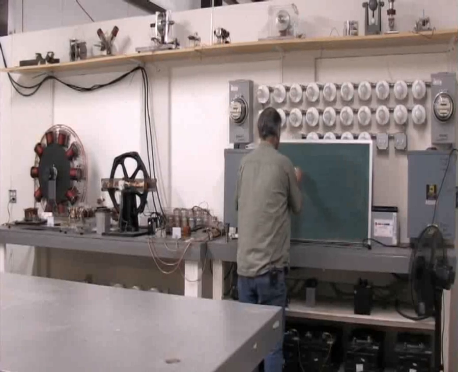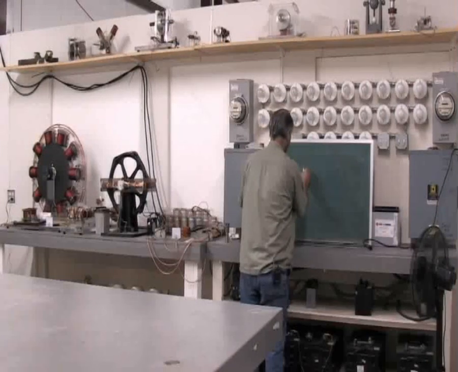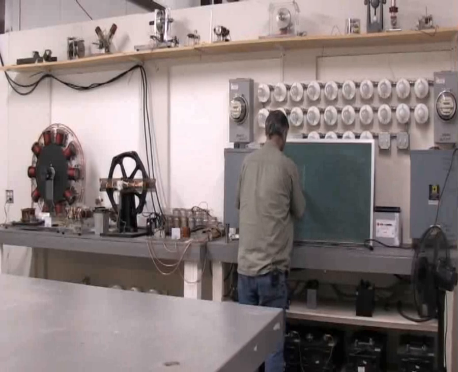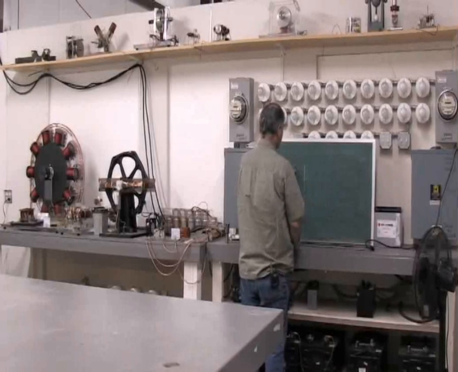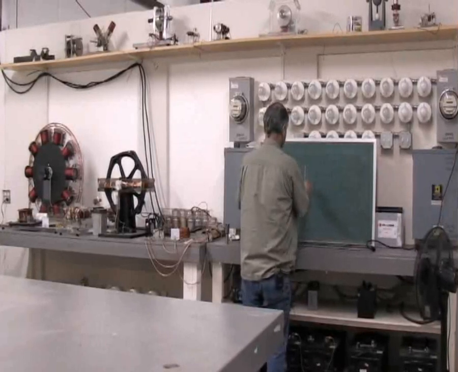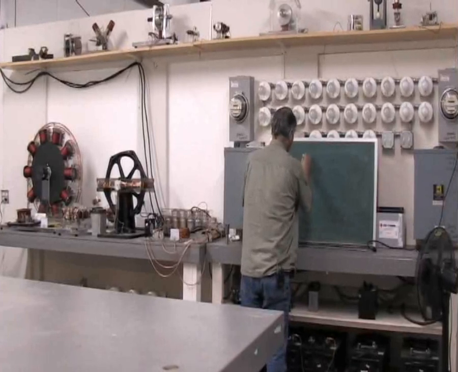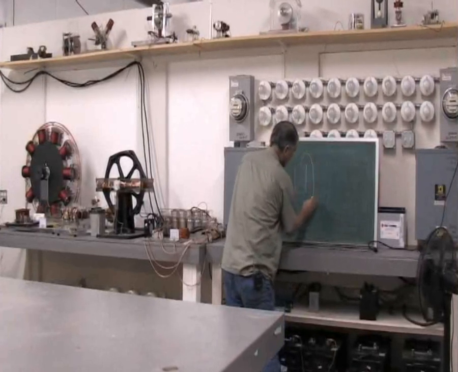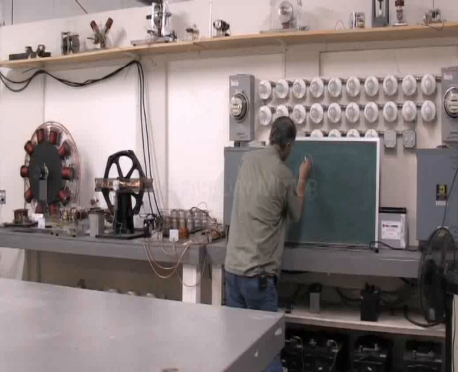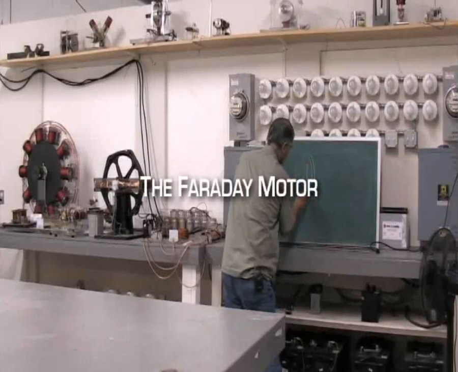I want to explain why I draw my diagrams the way I do, where I always show the magnetic field coming around these lines.